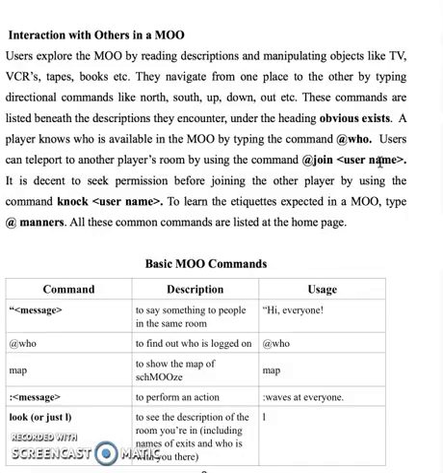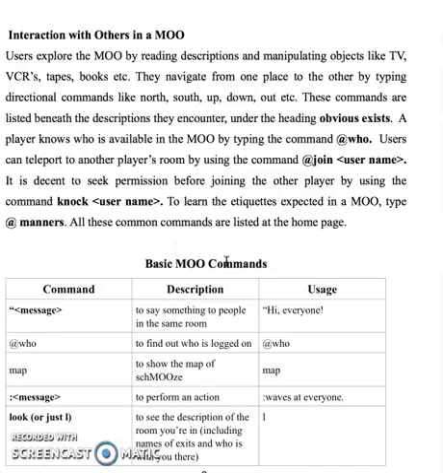It is decent to seek permission before joining the other player by using the command knock and give the name of the user. To learn the etiquettes expected in a schMOOze, type @manners. All these commands are listed at the home page.